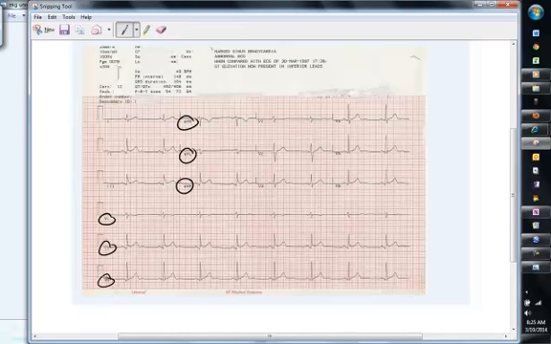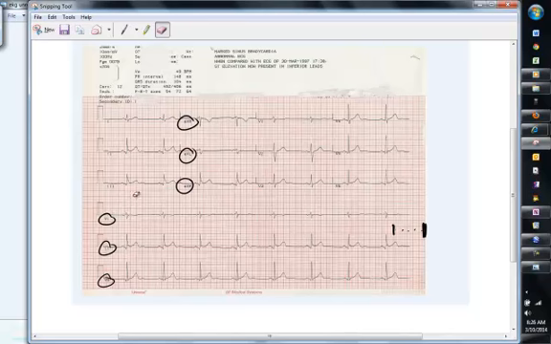If you notice here, it says the horizontal axis is 25 millimeters per second. So a second would be 5, 10, 15, 20, 25. From here to here is 1 second. And then the vertical distance: 10 millimeters is 1 millivolt.